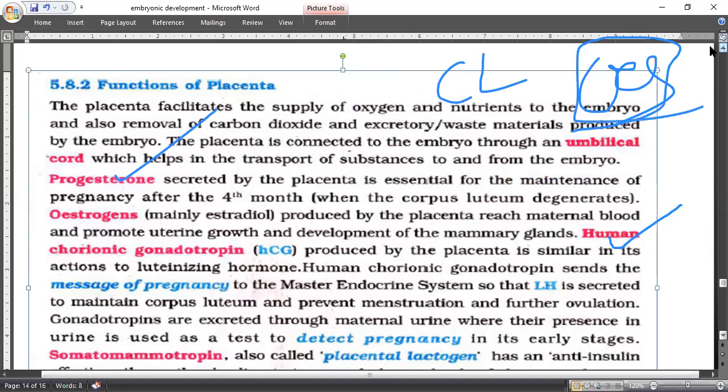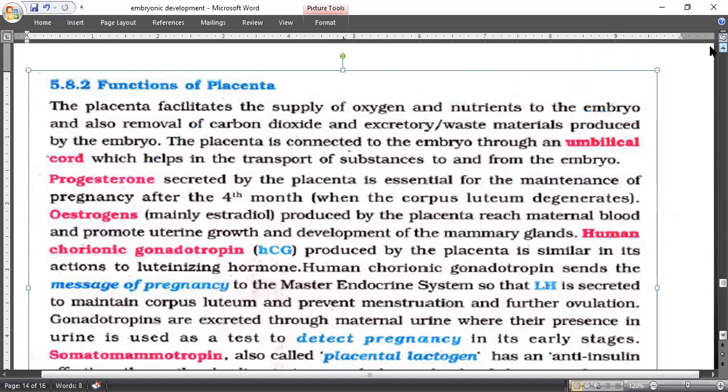Progesterone will also be there whether she is pregnant or not, because the corpus luteum is also secreting progesterone. But human chorionic gonadotropin is released only from the placenta. Placenta is formed means a fetus is there, which means she is pregnant. That you need to understand.